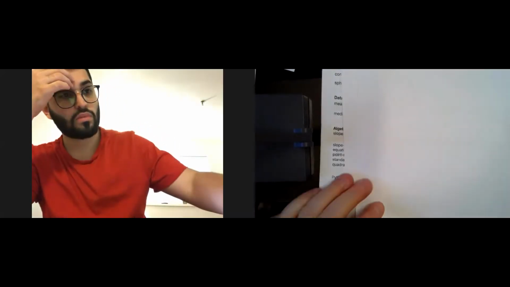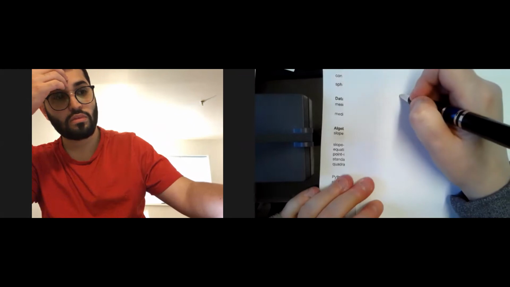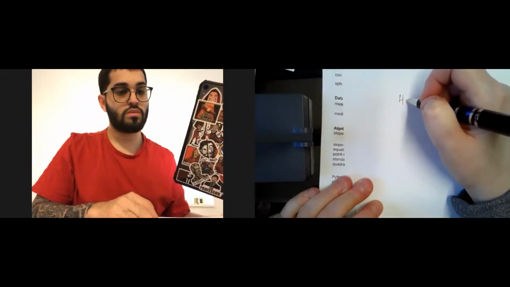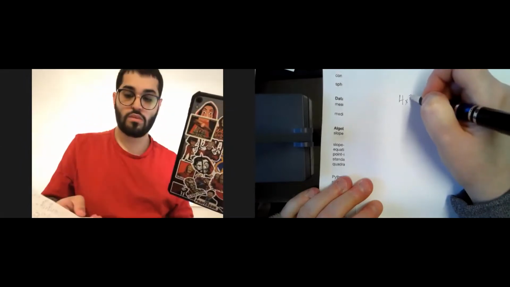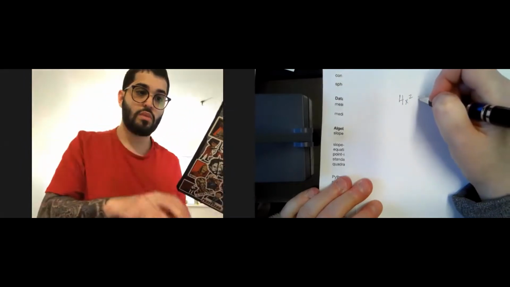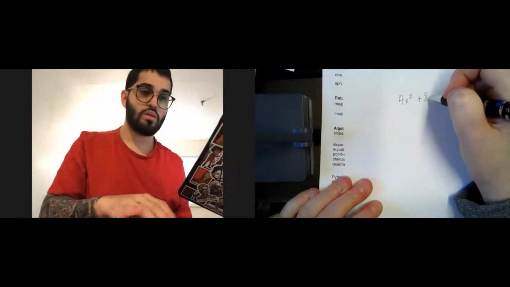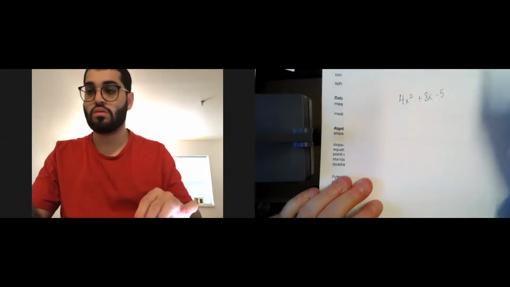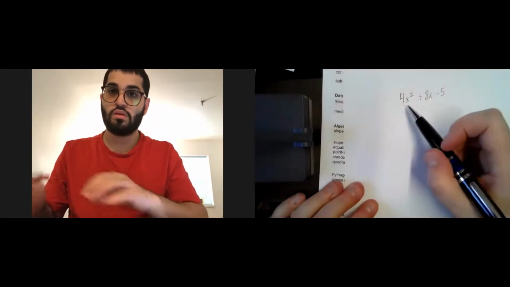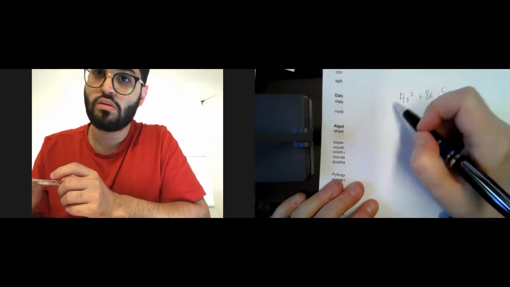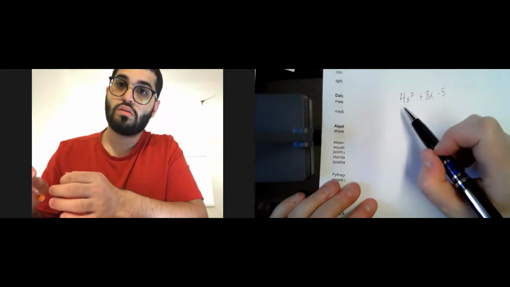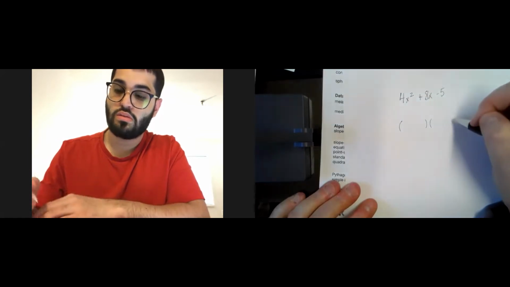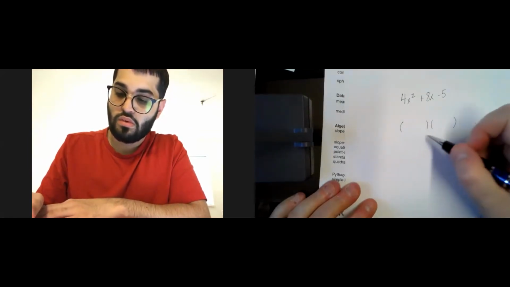So let's try, I'm going to give you this one to try. This one's a little bigger, but that's okay. 4x squared plus 8x minus 5. And just remember, this first one, you don't have to break that number down other than to make it the same number on both sides.